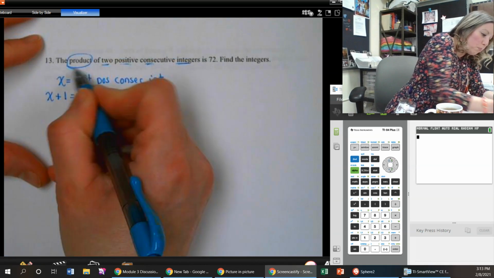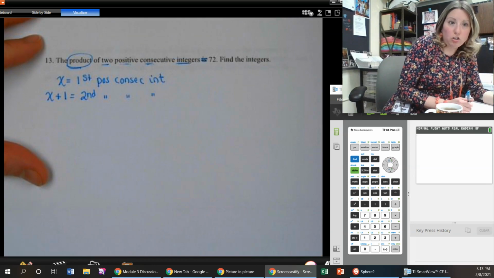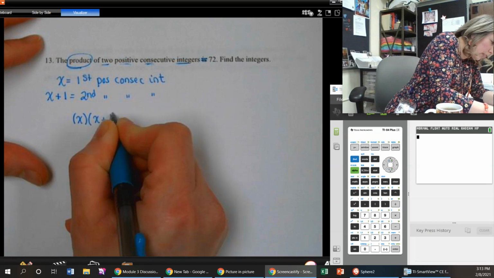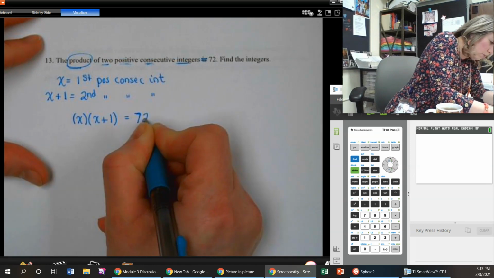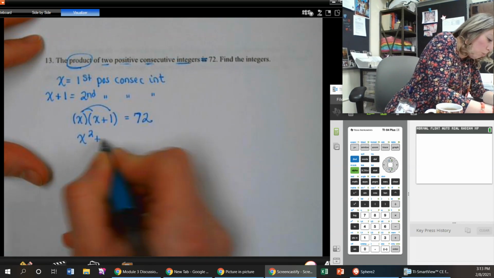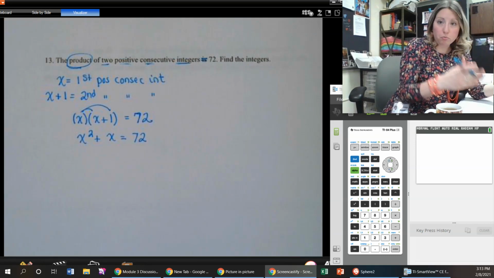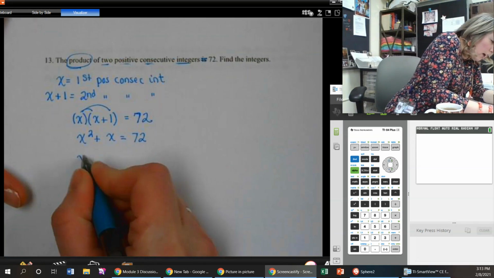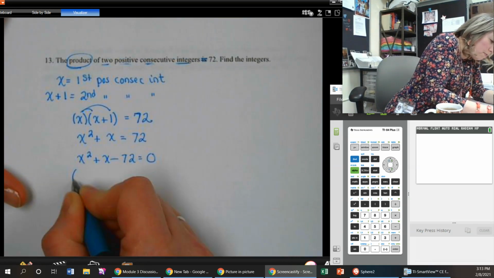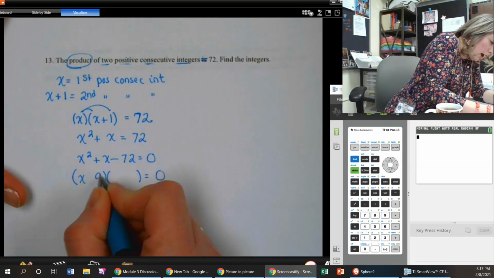And since I want to product those, and my answer to that is 72, all I do is take x times x plus 1 and set it equal to 72. Now, distribute that x, and notice now we know where the x squared is. So now we know it's a quadratic equation. So we subtract that 72 over. So we get x squared plus x minus 72 equals 0. What are the factors of 72 that are going to subtract to give me 1? That would be 9 and 8.